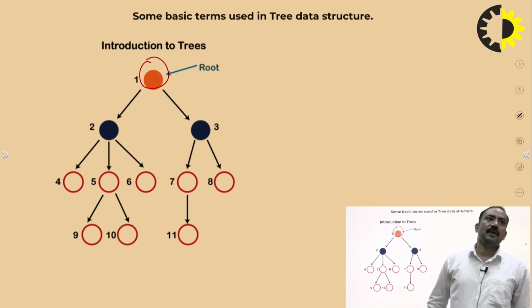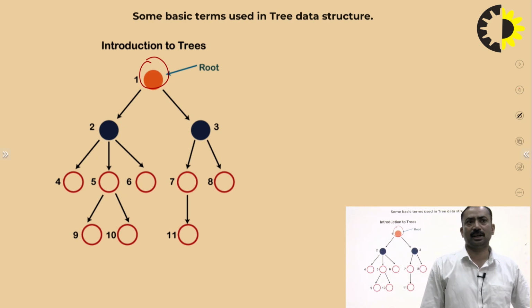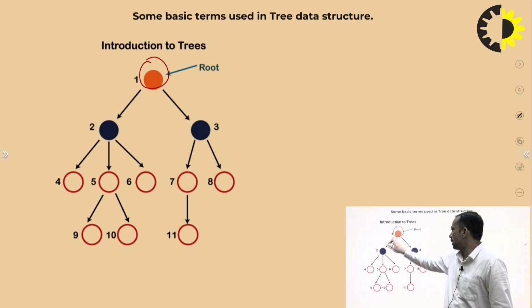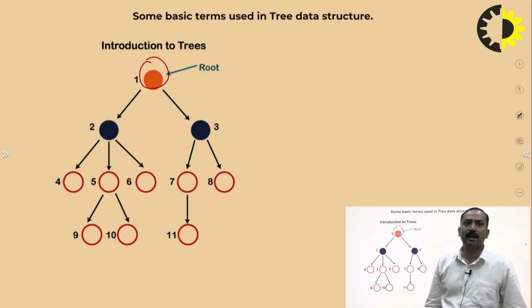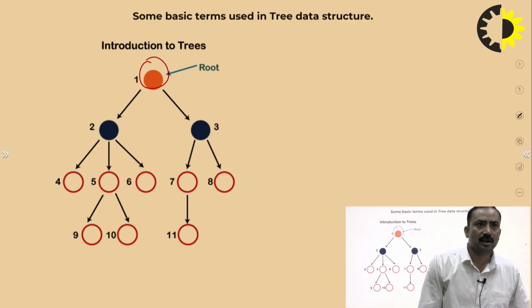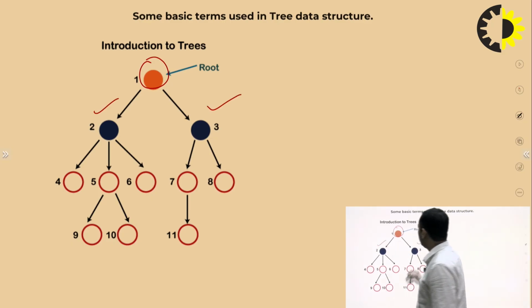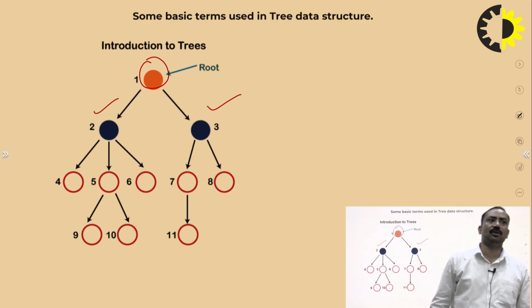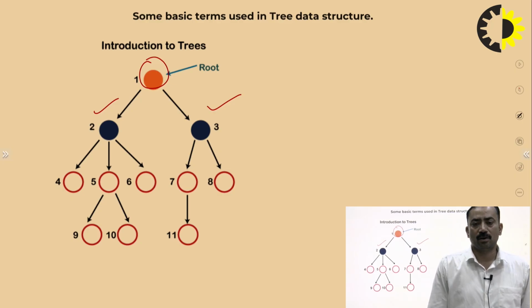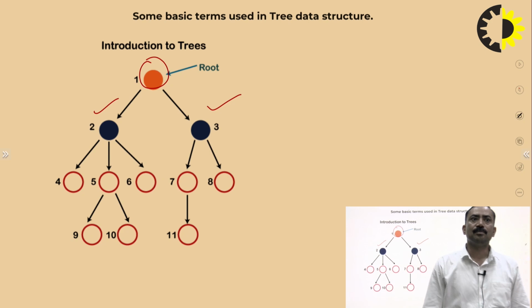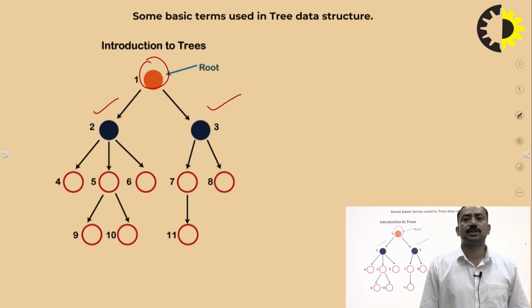If a node is directly linked to some other node, it is called a parent-child relationship. So 1 is the parent of 2 and 3. We can say 2 and 3 are the children of 1, or if a node is a descendant of another node, then it is known as the child node.